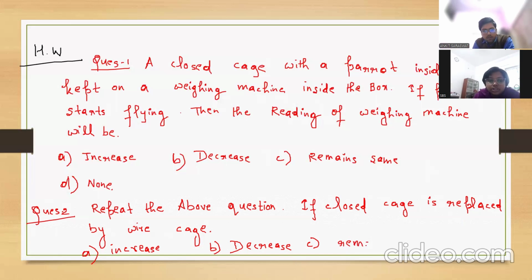Option D, none. So the question is not clear, sir? Second one means the same as the above question. In the above question, a closed cage is given. In its place, there is a wire cage. Oh, okay. Now I got it.